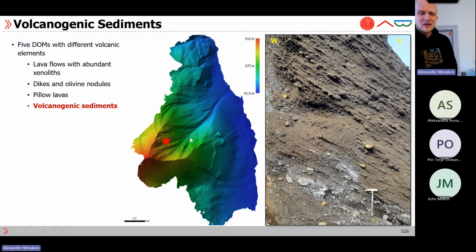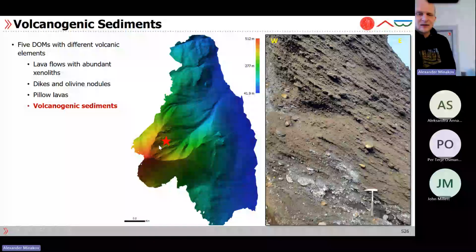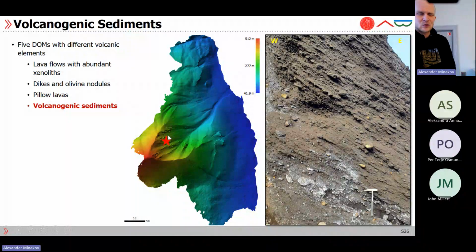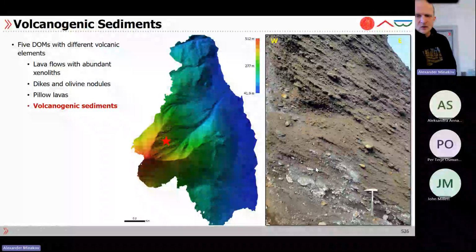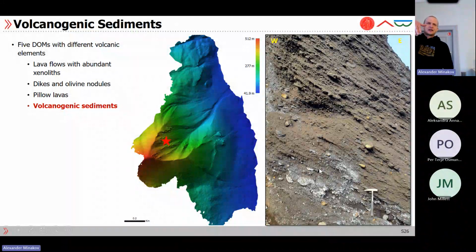The main outcrop, and the main distribution of this tuffaceous or volcanogenic material, is within this gully. We have a clear inclination and dip of these volcanogenic sediments from west to east. Remember that here we also have our pillow lava outcrops.